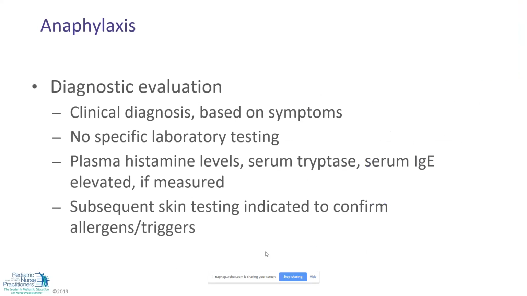So there is no diagnostic evaluation per se. This is a clinical diagnosis based on symptoms, and it's one that you will very rapidly identify and intervene on. There is no specific laboratory testing, and certainly we wouldn't recommend that if a patient presents with anaphylaxis, you try to obtain these levels, although if you did, you would expect that your plasma histamine, serum tryptase, and serum IgE would be elevated.